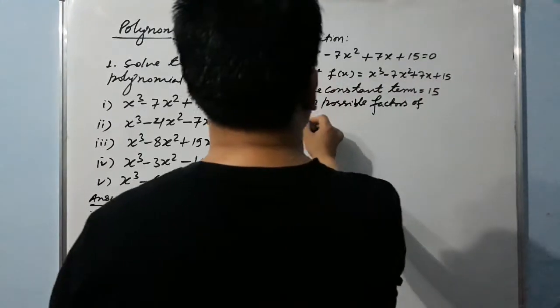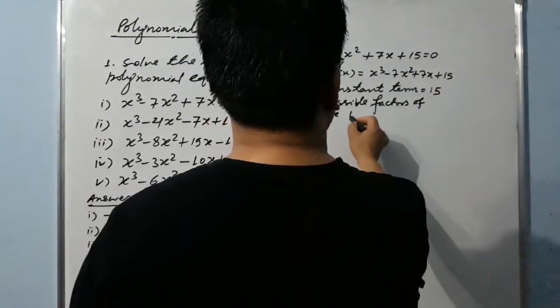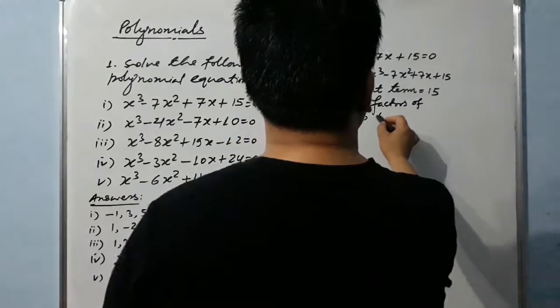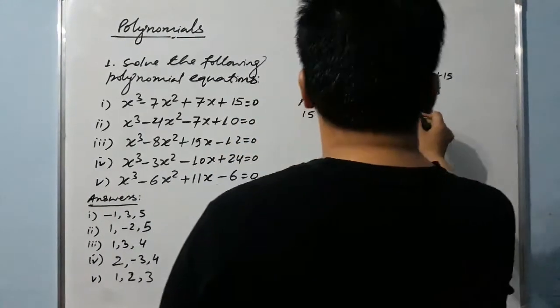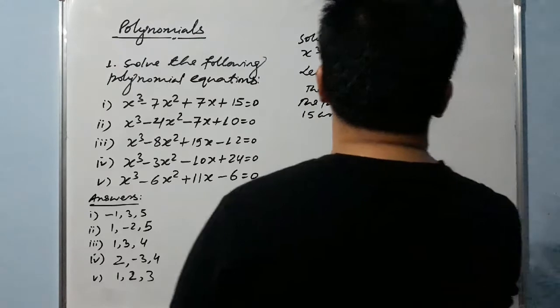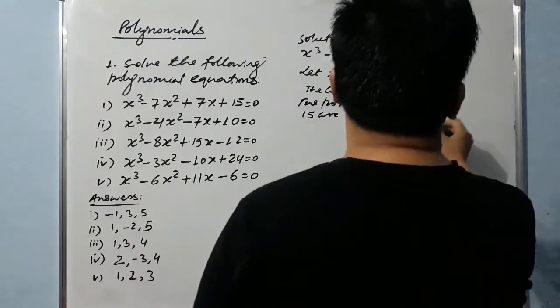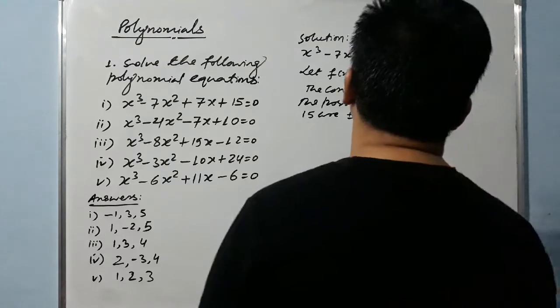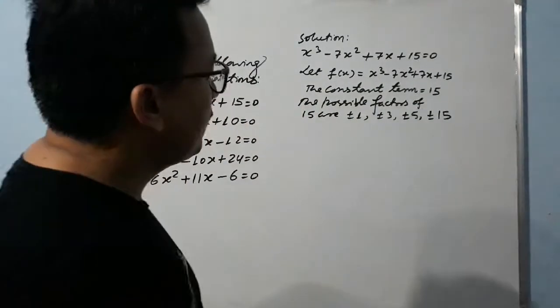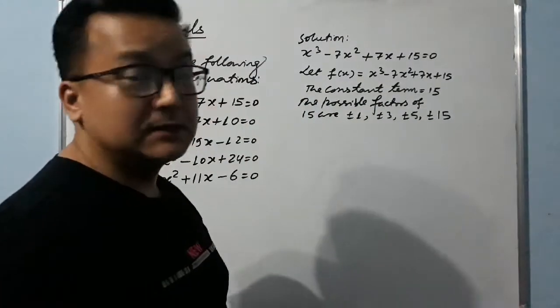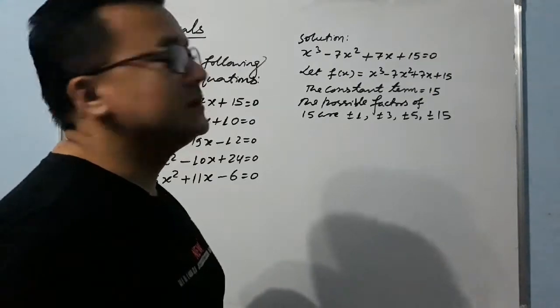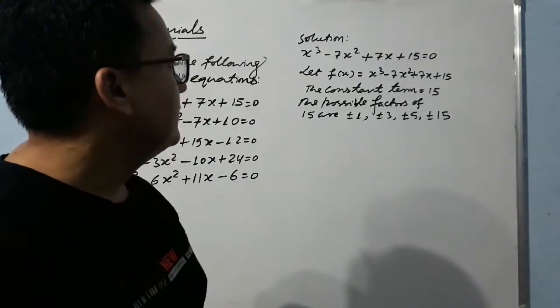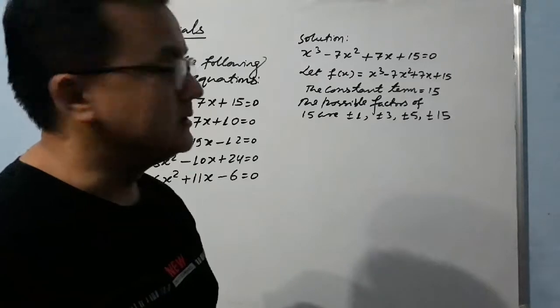Possible factors of 15 are plus minus 1, plus minus 3, plus minus 5, plus minus 15. These are the possible factors of 15.